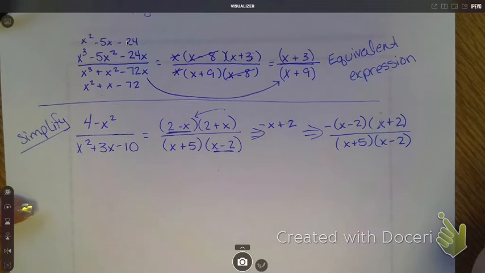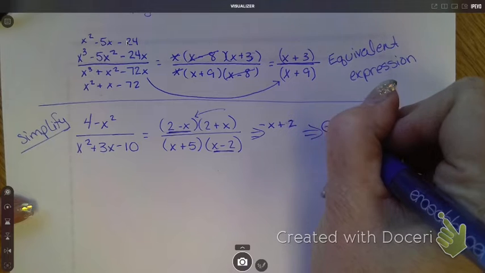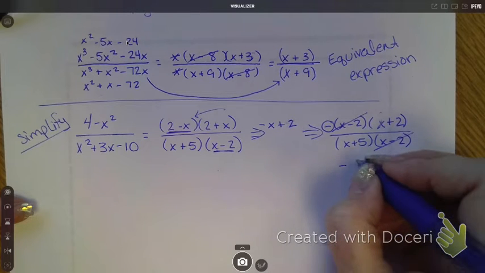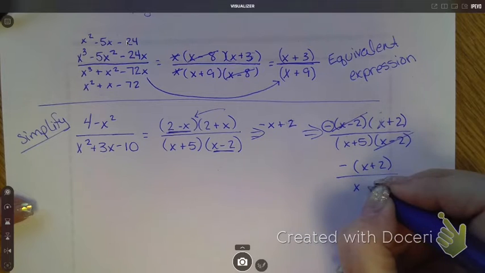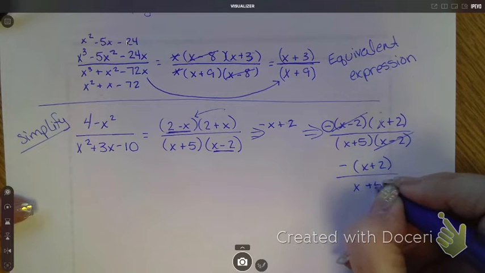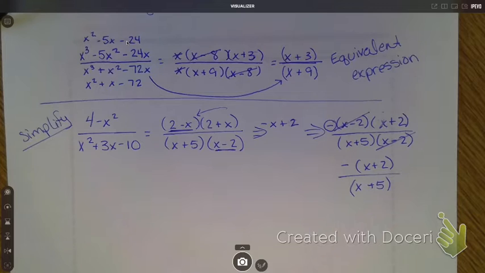Now, can I reduce? Yep. But don't forget your negative hanging out here. So I have negative x plus 2 over x plus 5. And if you want to put parentheses around there, you're more than welcome to do so.